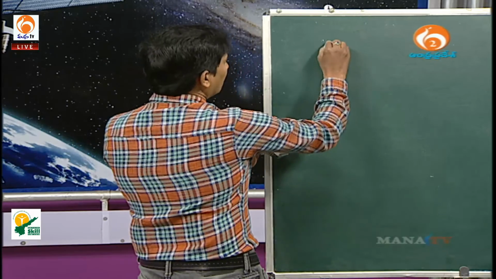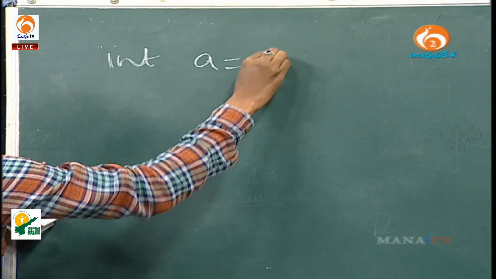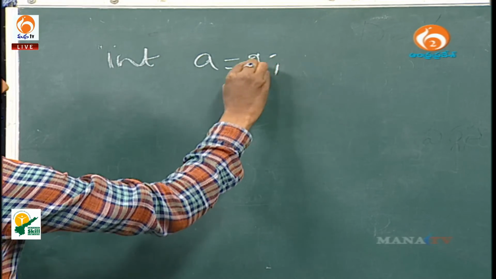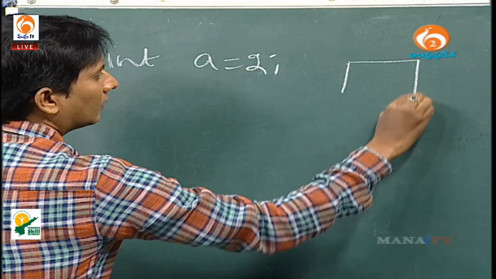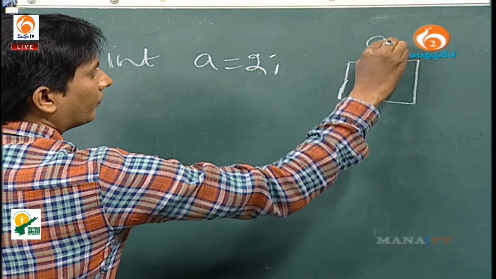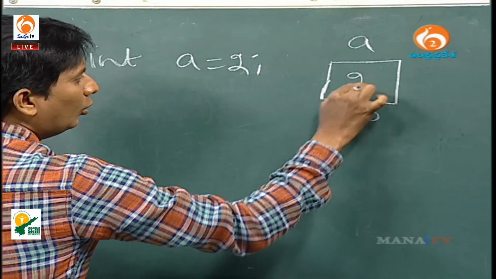Just int a = 1 or 2. What happens: first a variable is created, its address may be 1000, and 2 is stored here.